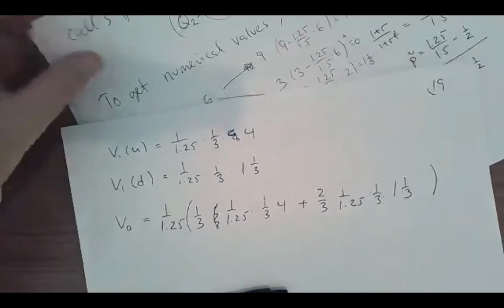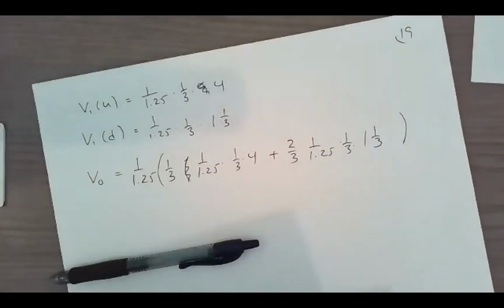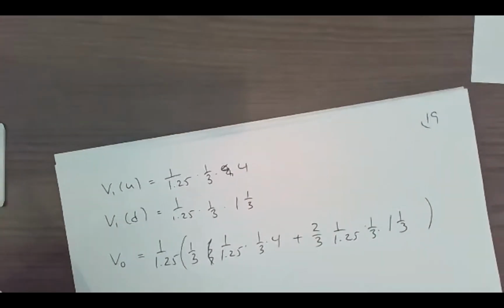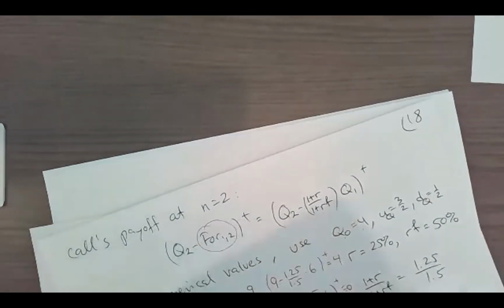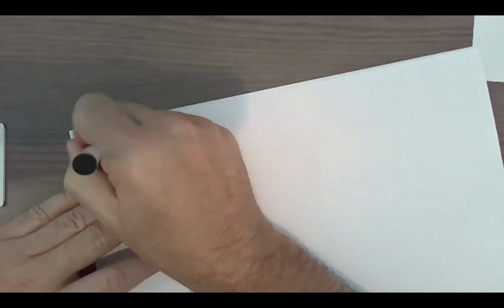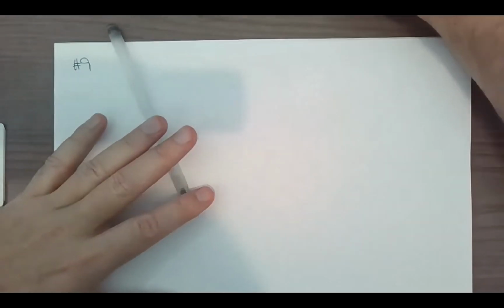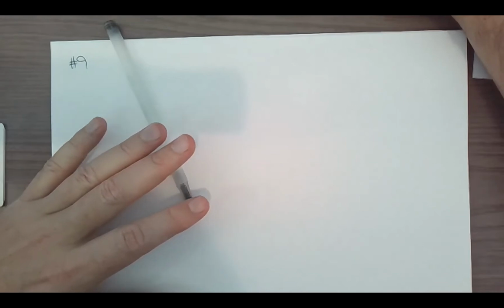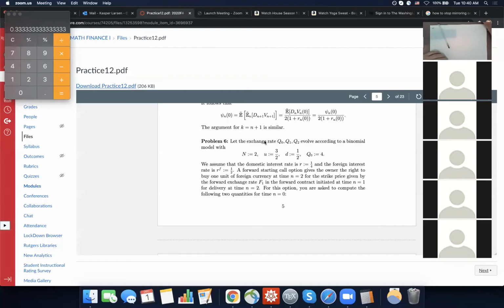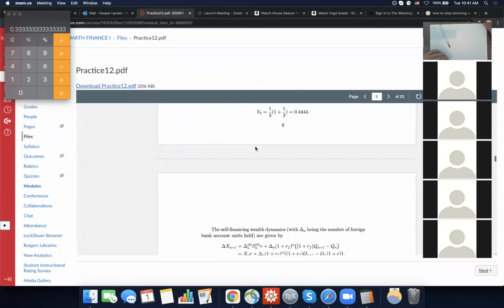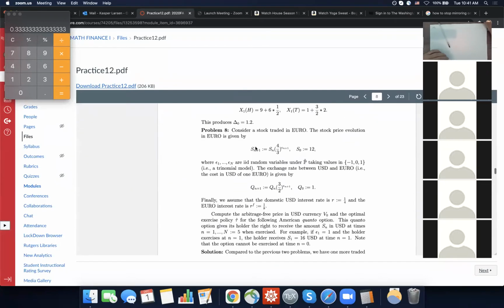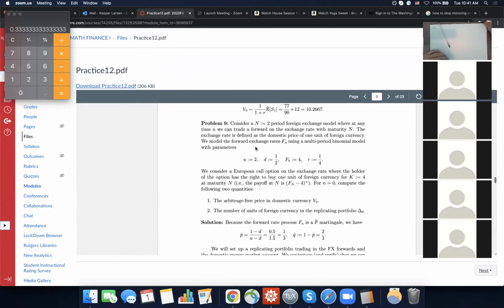The other one is not that different. The other one is problem number 9. We'll bring up question number 9. So this was number 6. So this is number 9.